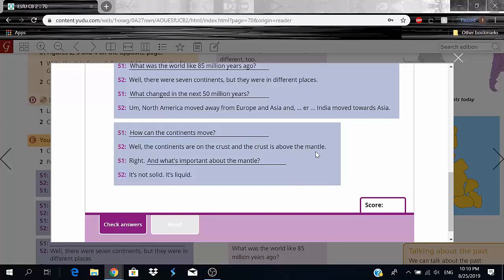If you guys remember in the listening section, we talked about the crust being the land on Earth, right? It's solid, it doesn't move. However, right under it, we have the mantle. And the mantle is actually kind of molten rocks, right? So it's like liquid. It's actually liquid. It's not like liquid. It's liquid. So it does move.